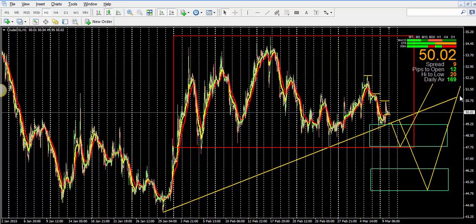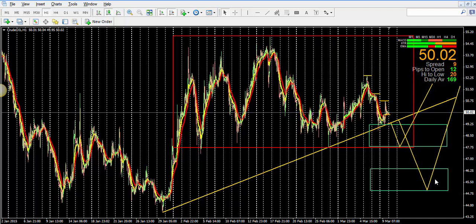So you can ride the trend, and this is really going to make you a lot of cash because you're holding the trades and you might add on your way up. Pyramid your position. This is the alternate plan for being a buyer on the crude oil market.